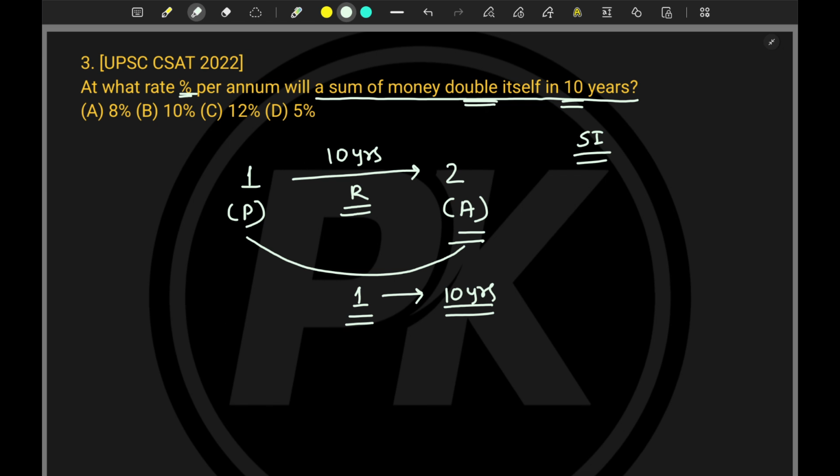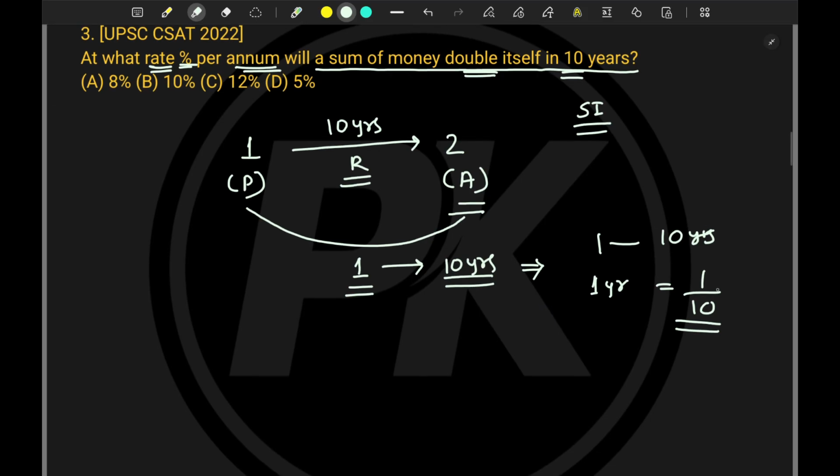Now, this is for 10 years, but the rate we have to calculate is per year, right? So if 1 for 10 years, then for 1 year how much? For 1 year it will be 1 by 10. It's simple mathematics. Now tell me, how much was the principal?